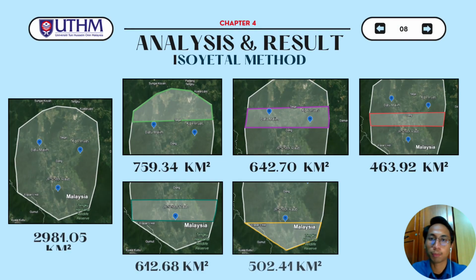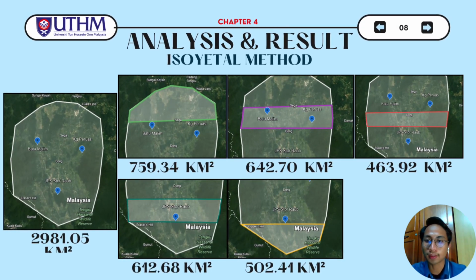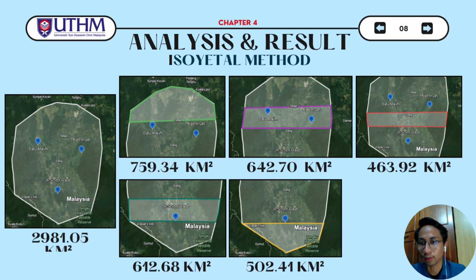We go to the next part of chapter 4, the isohyetal method. We sketch the isohyetal map just like the Thiessen polygon to cover 3 stations in Raub. The total area for the isohyetal method is 2,1918.05 kilometer square, with 5 intervals.